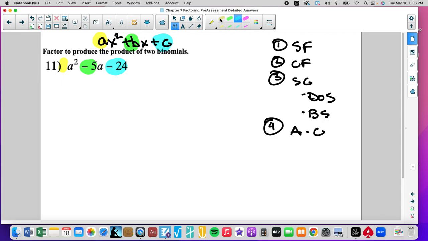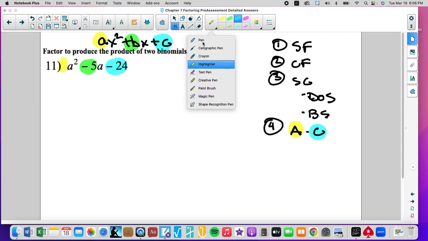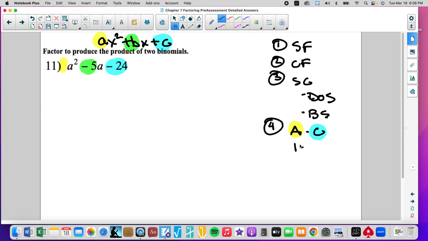So when I say A times C, I'm talking about the A value, or 1, times the C value, which is negative 24, which gives me negative 24. Now I'm going to find factors of 24: 1 and 24, 2 and 12, 3 and 8, 4 and 6, and that's it. No 5. And once we get to 6, we go around.